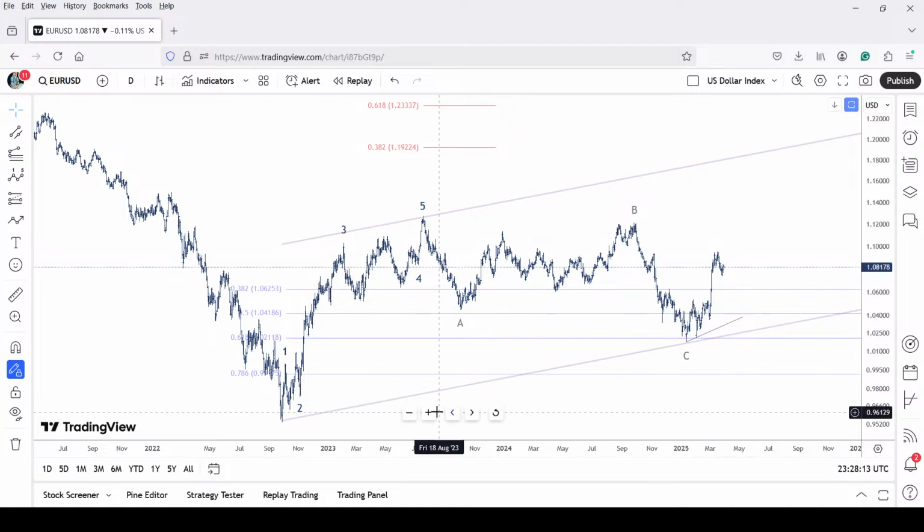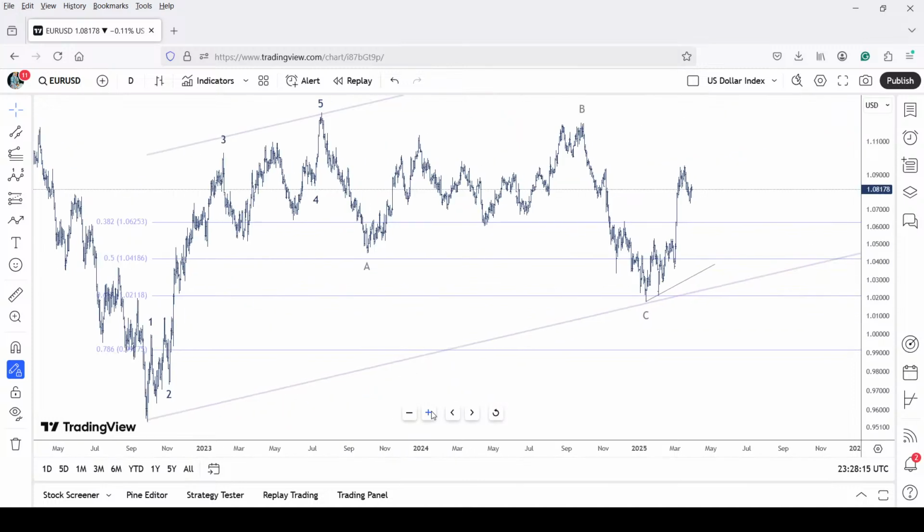All right, and April could push prices close to 1.12 as well. So keep this bigger picture in mind, please, and we will revisit the shorter degree time frames in the next sessions from today.